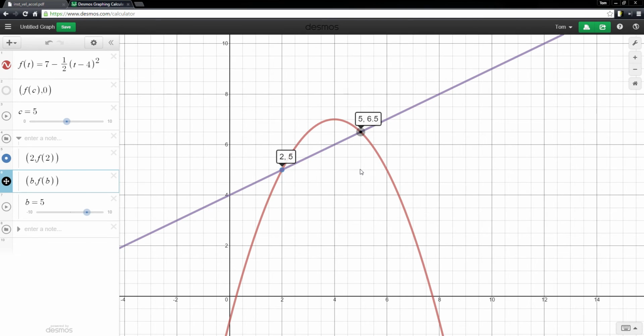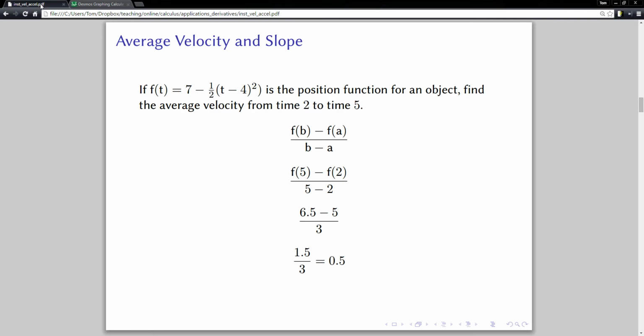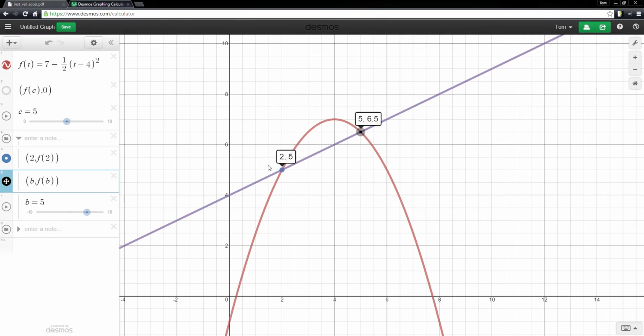So 3 over, and then 1 unit plus a half more, so 1.5. So the slope of this line would be 1.5 over 3. If you look at that, that's exactly what we got here, 1.5 over 3. So the slope of that line joining those 2 points is 0.5, right? In this case, it's exactly equal to the average velocity over that time period there. Okay?